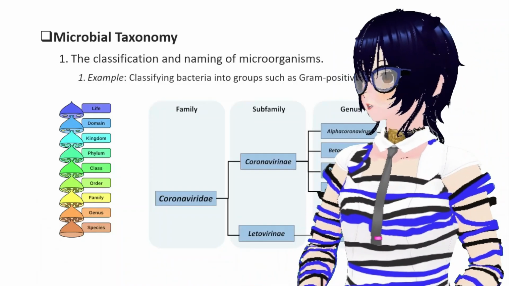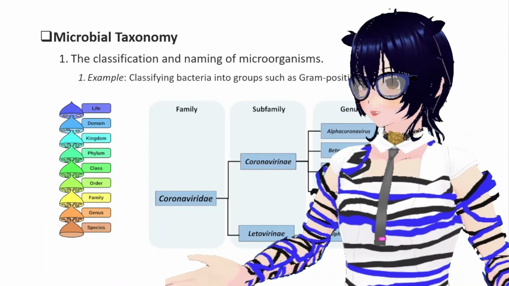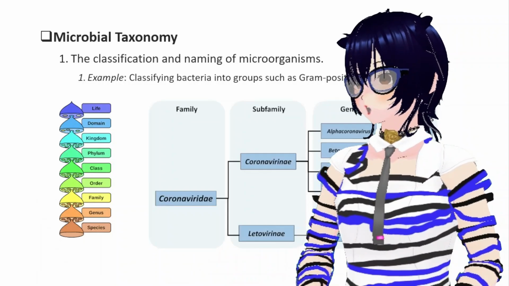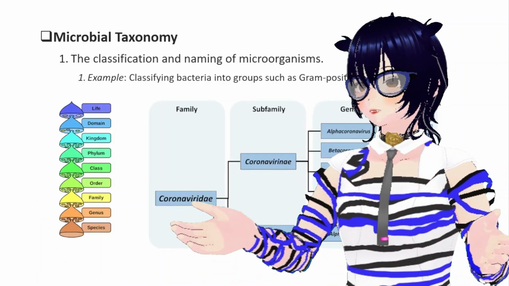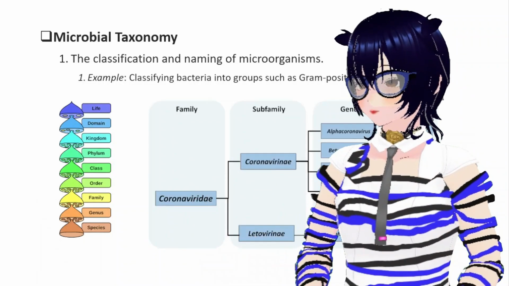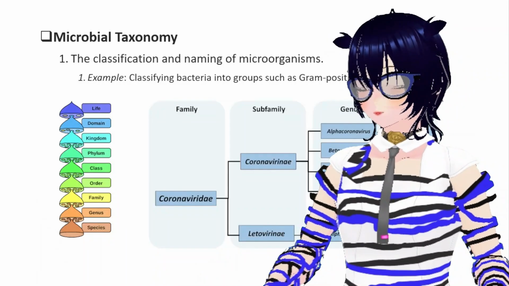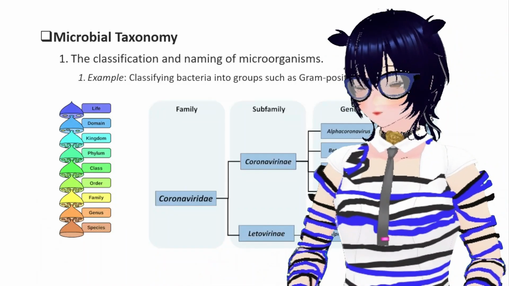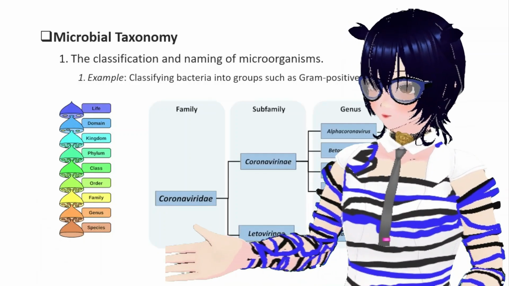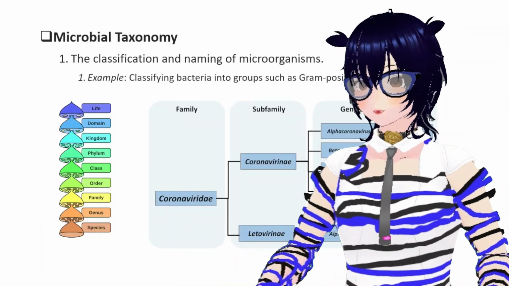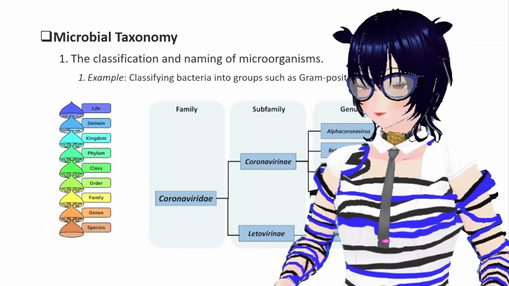The subspecies occurs if there is a slight difference from one to another, where all of the other characteristics are the same and just one characteristic is different.